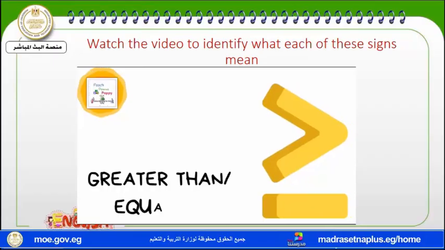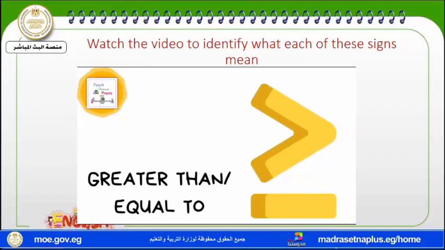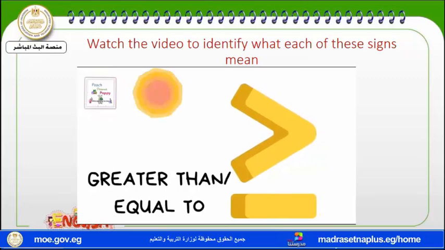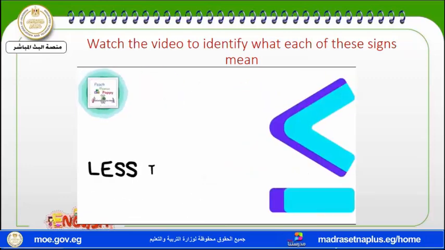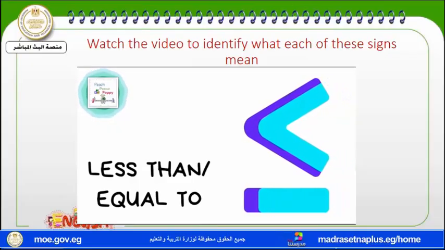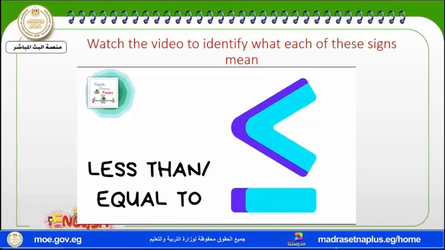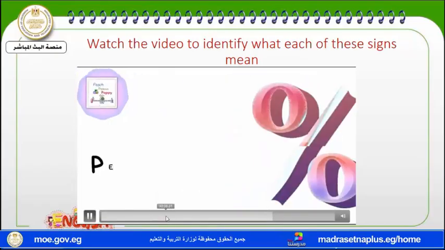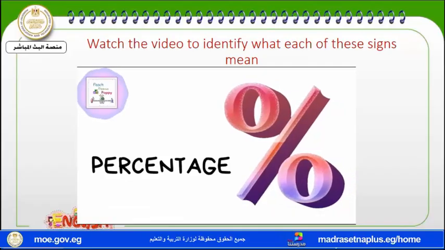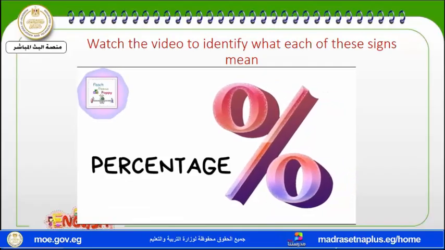This symbol is called the greater than or equal to sign. Next is the less than or equal to sign. And the last sign we have on our list for the day is the symbol for percentage. Percentage.